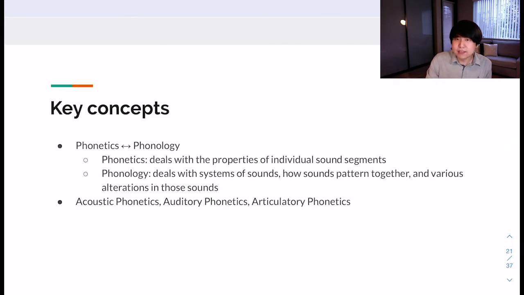And phonetics can also be divided into three different levels. Acoustic phonetics is learning about the physical characteristics of sounds, how they are conveyed and delivered through the medium of air. Auditory phonetics is about how we listen, hear the speech sounds and comprehend them by processing them in our ear and then brain.